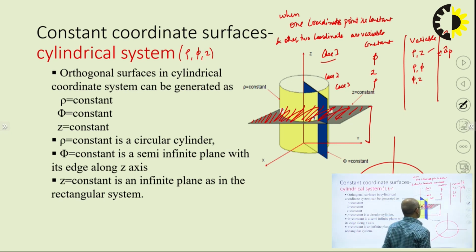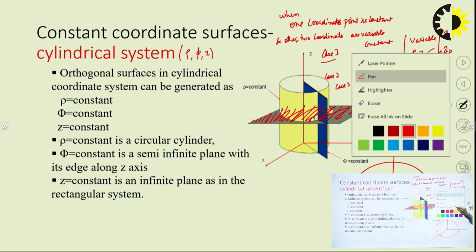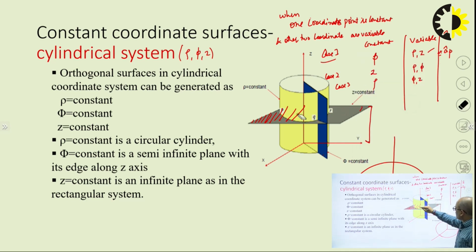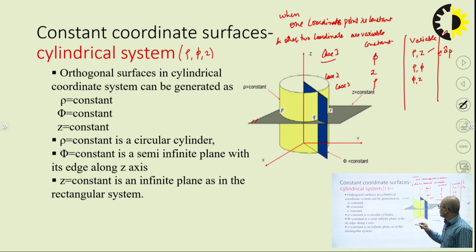Clear? Now for the third case, when rho is constant, and phi and z are the variables. When rho is constant, it means this radius is constant, and phi and z are the variables. So you will get what?